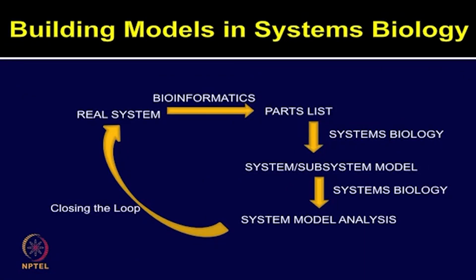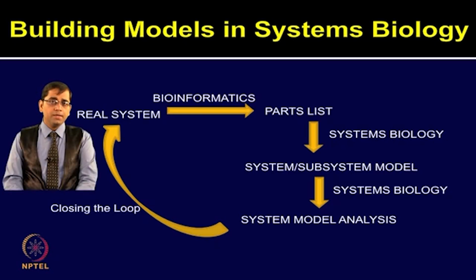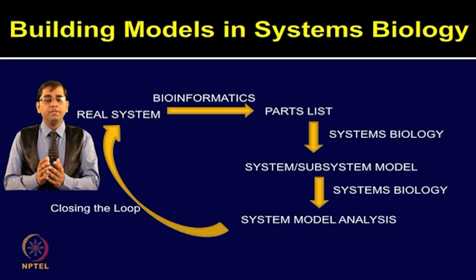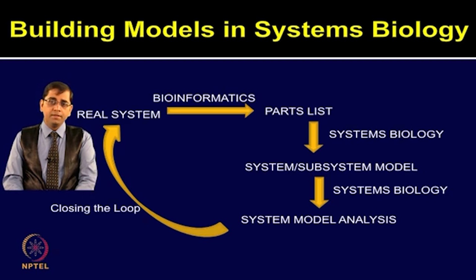Let us now talk about how to model biological networks. To build a model in systems biology, first of all parts can be generated from the data sets derived from the systems biology approach. The system or subsystem model can be generated, which could be used for systems model analysis.